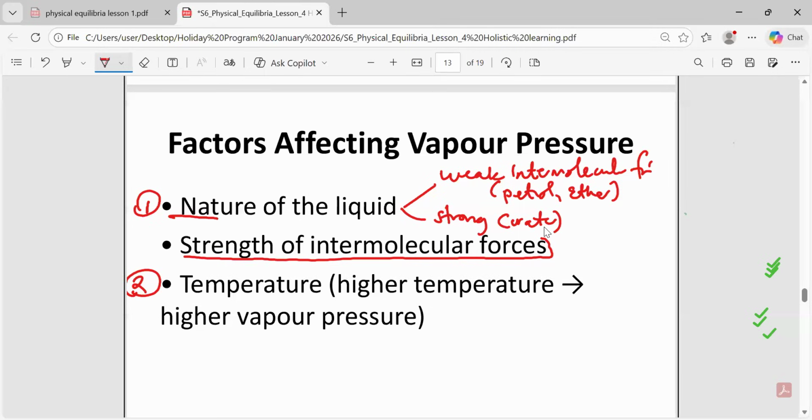And the weaker the intermolecular force of attraction, the higher the vapor pressure becomes. So the intermolecular forces of attraction are what we look at when we consider the nature of the liquid.